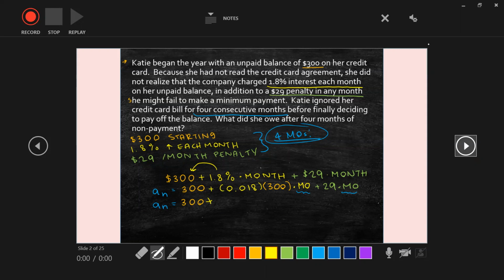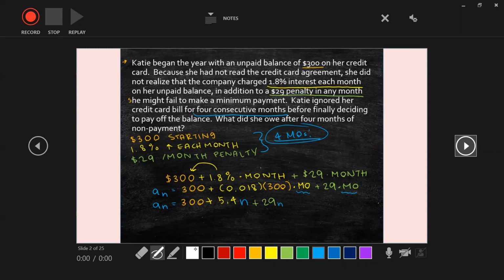I'm going to get 5.4 per month. Month is our unknown here, so let's call our month N, as in our a sub n. And then we are adding $29 per month, where that month is N.